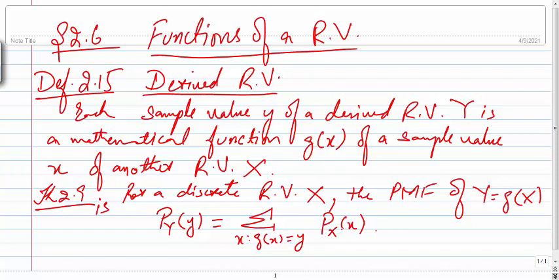So what we have to do is plug in the function values in the PMF of X and we will calculate the PMF for the derived random variable.